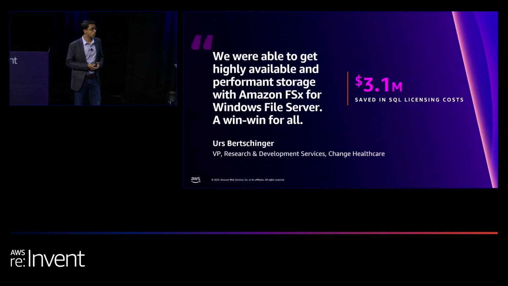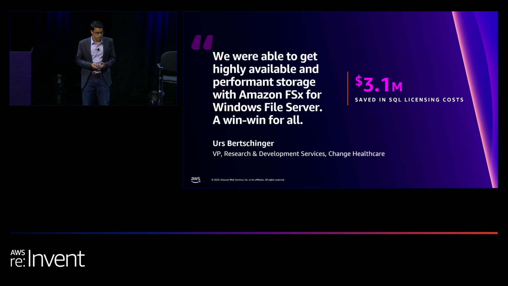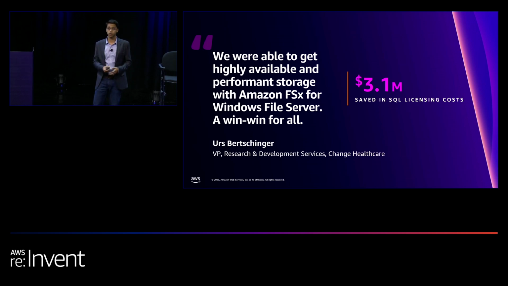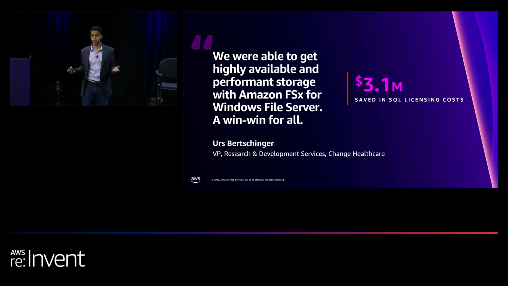For example, Change Healthcare is a leading healthcare technology company that's pioneering some approaches in value-based healthcare. And Change Healthcare faced the challenge of migrating a large, high-performance SQL Server deployment to the cloud, while also meeting some pretty stringent high availability requirements. And with Amazon FSx, Change Healthcare was able to achieve all three benefits we talked about.